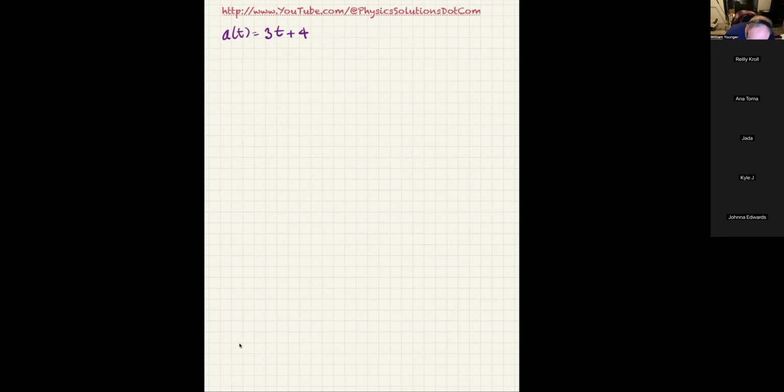And what I want to do is assume v of 0 is equal to 1.00 meters per second, and x of 0 is equal to 2.00 meters. Find v of t and, excuse me, x of t.